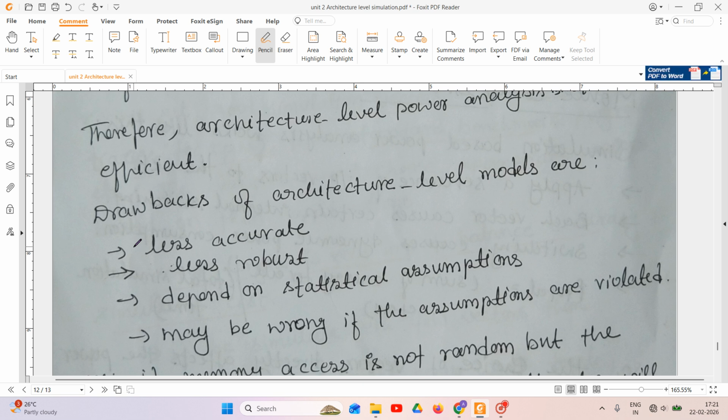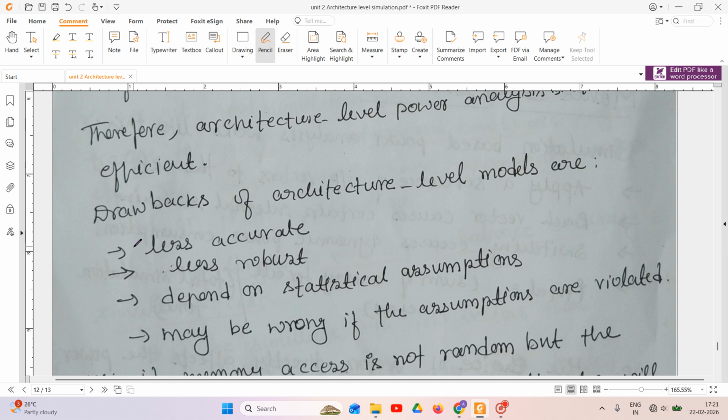For example, in my real time memory, the access is random, but while designing the model I don't consider random, or vice versa. In real time it is sequential, but while designing the memory model I consider it random. What happens? I will get the wrong result.